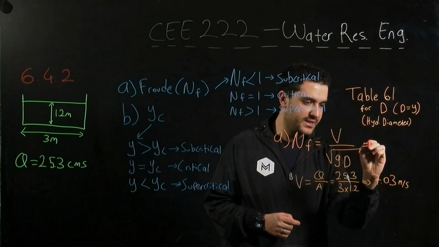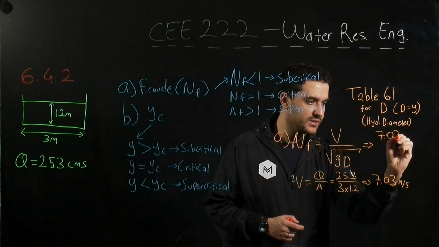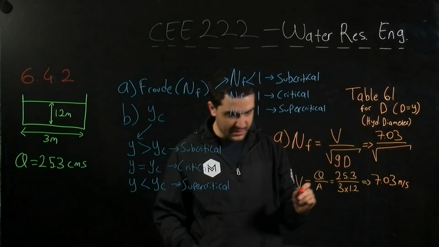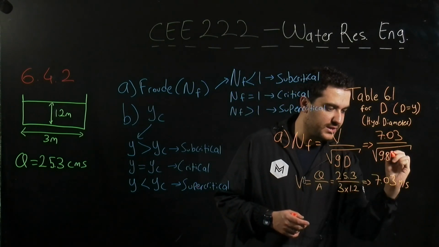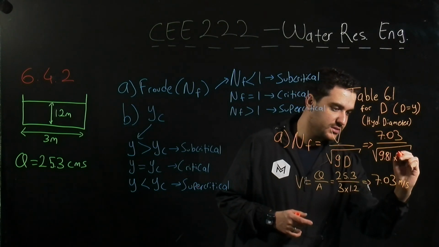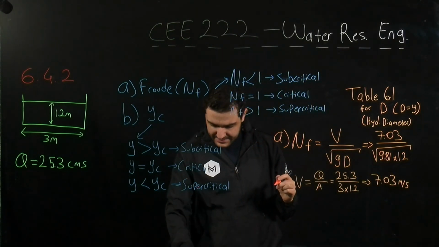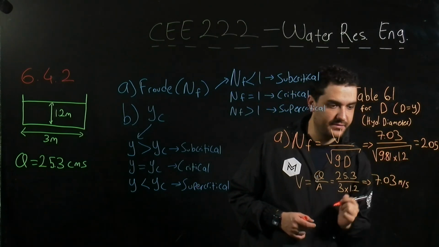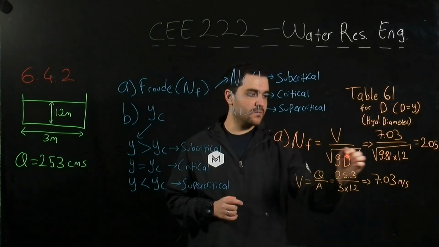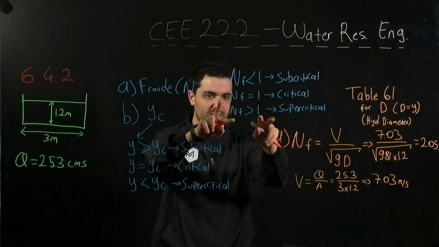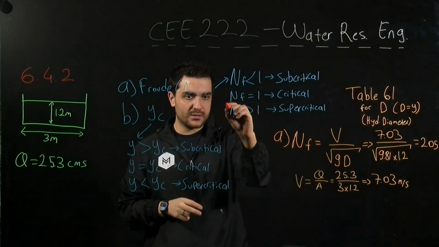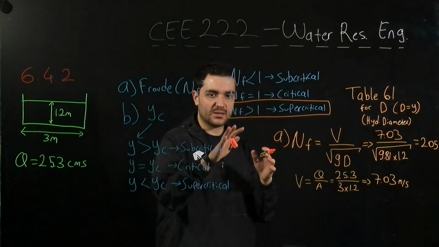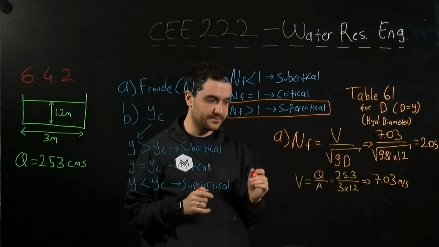And if you replace this here, 7.03 over the square root of g, so it will be 9.81 times hydraulic diameter, and this is giving 2.05. So when we check these conditions, since it is higher than 1, we will have a supercritical flow if we check the flow classification based on the Froude number.